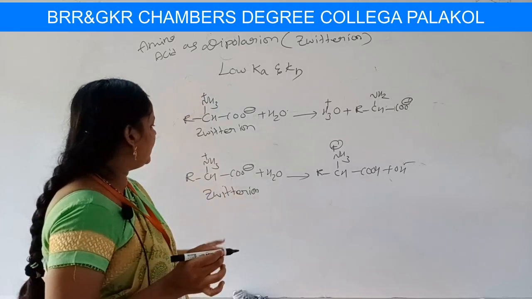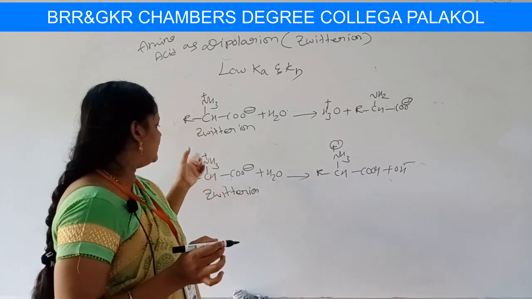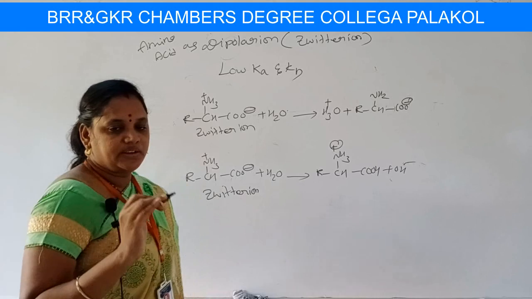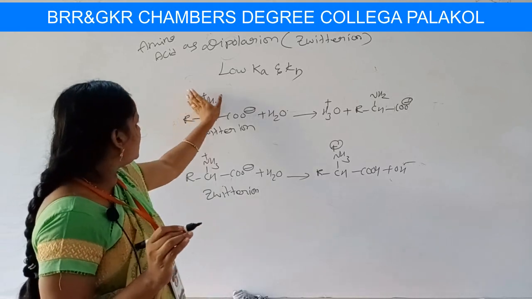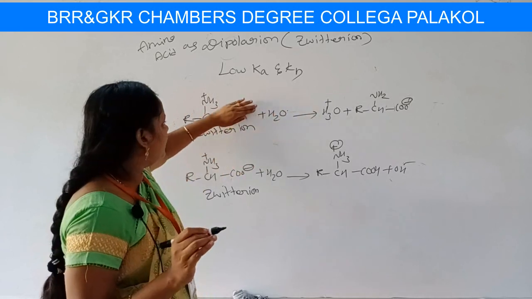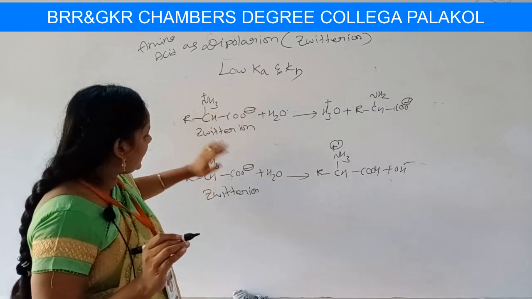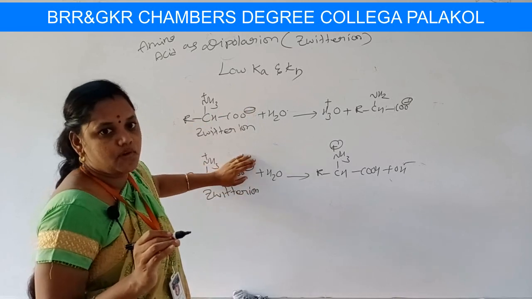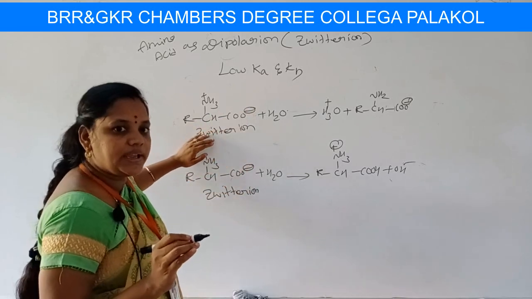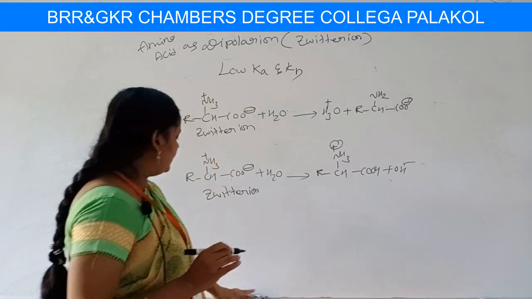Here the reaction has taken place at COOH, and we have left NH3 plus here. You are observing the point, students? The reaction has taken place in this case, in the above case, and we did not touch the COO minus ion. Here in this case, the reaction has taken place near COO minus, and we did not touch NH3 plus ions. Let us calculate Ka and Kb values.